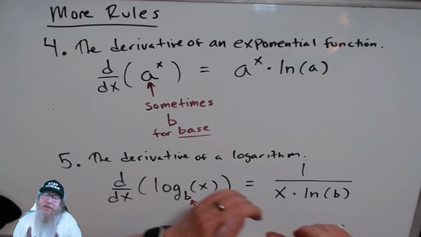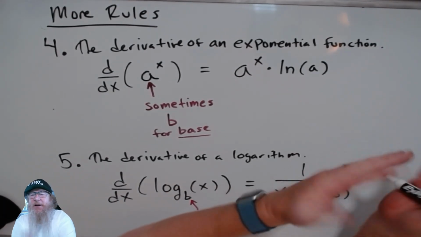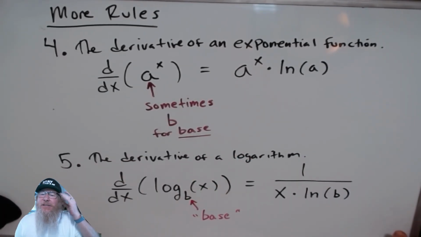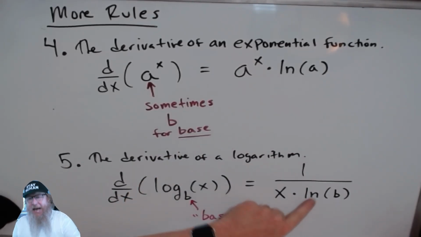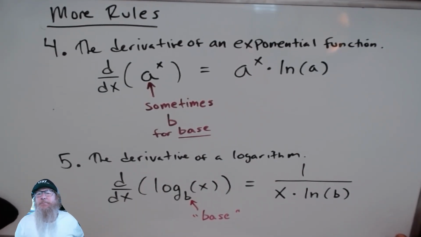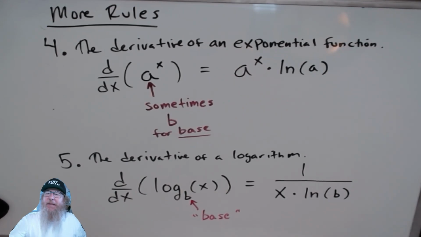I would write this on a little note card, or on a sheet of notebook paper and just have it out in front of me so that I was familiar with it. If I was taking a test, I would make sure that I reviewed these before the test, because they're not natural. It's funny because we call this the natural logarithm, but the rules seem so unnatural. And they each have special cases.